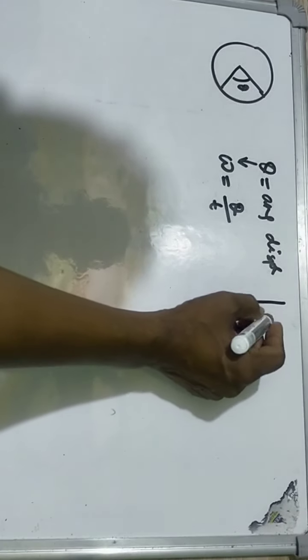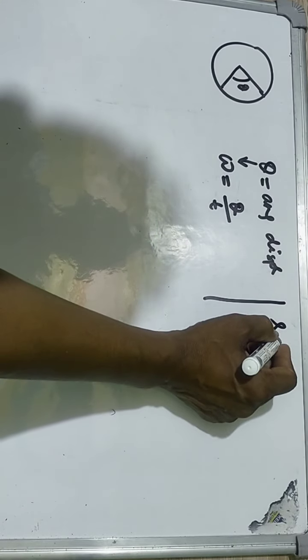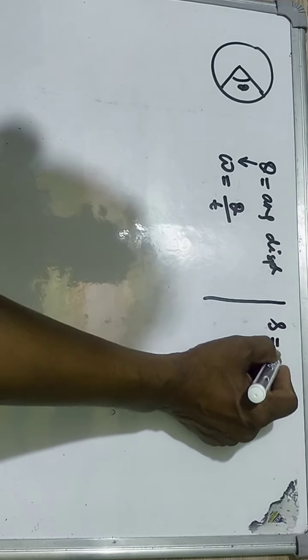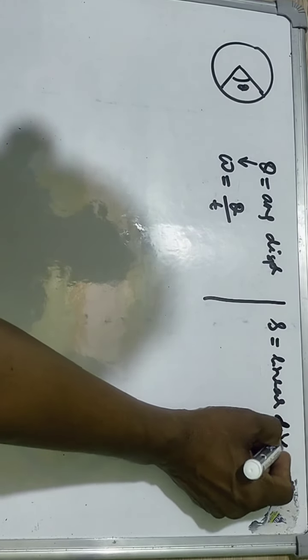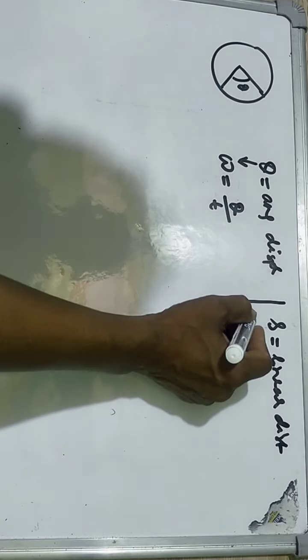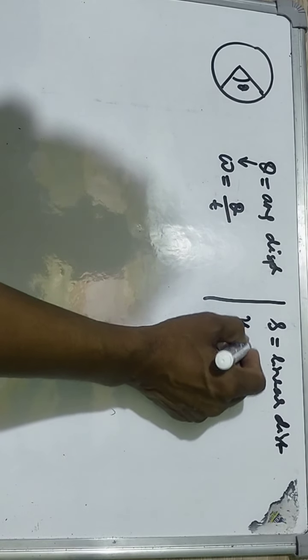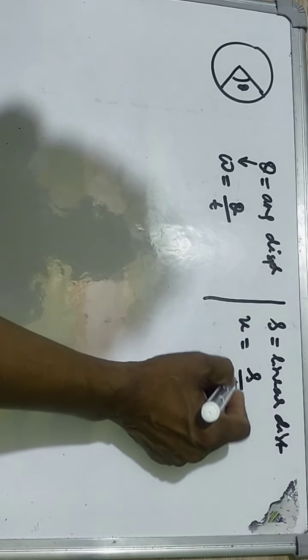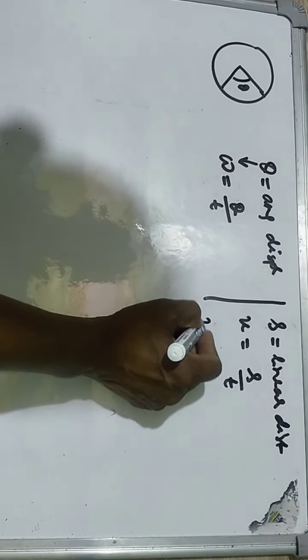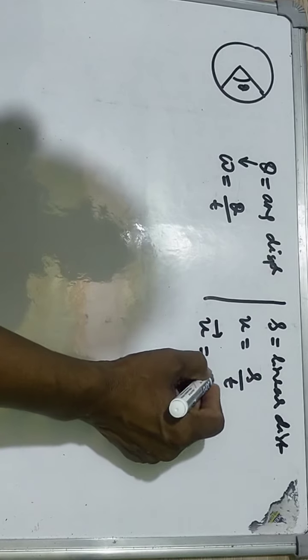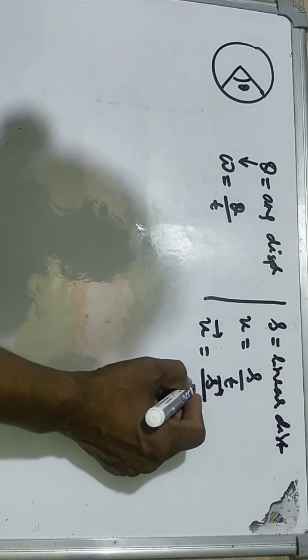It is similar to linear distance S, where speed is S by t, and velocity becomes displacement by t.